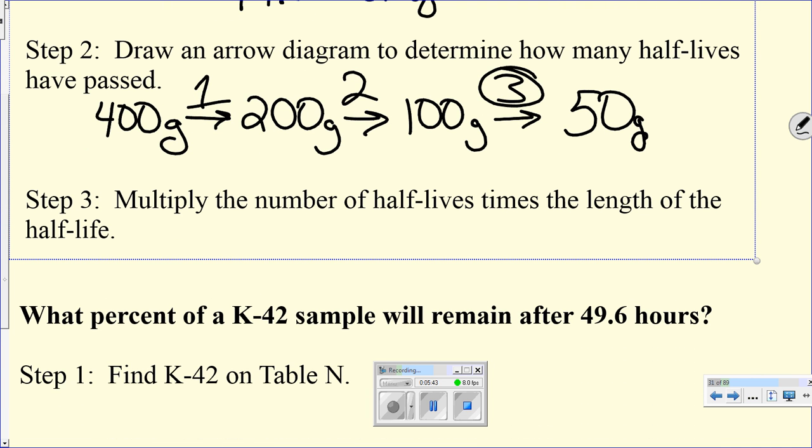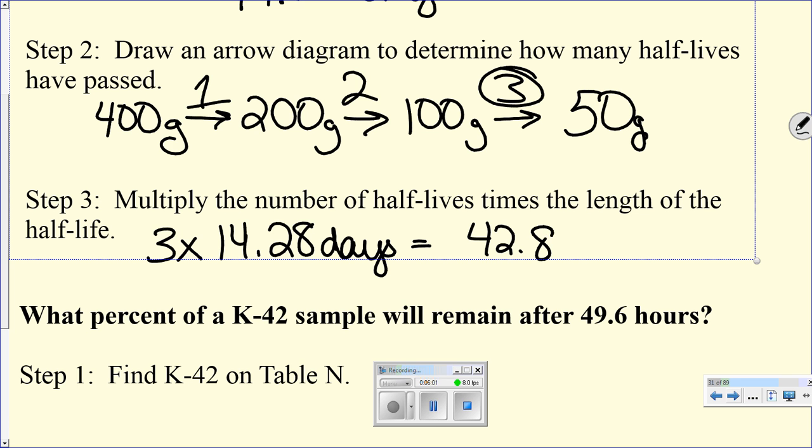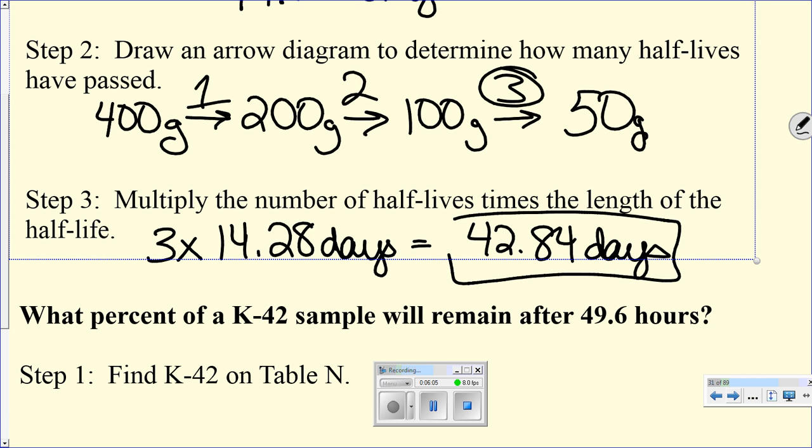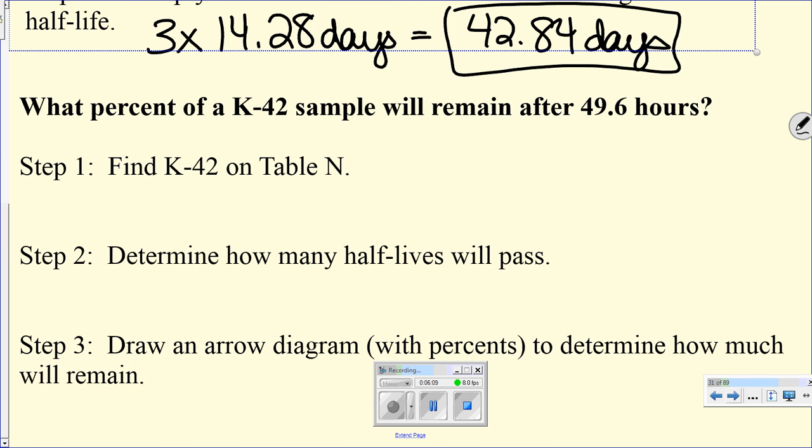So I've got 3 half-lives times the length of my half-life, which is 14.28 days. And 3 times 14.28 gives us 42.84 days. Almost 43 days.